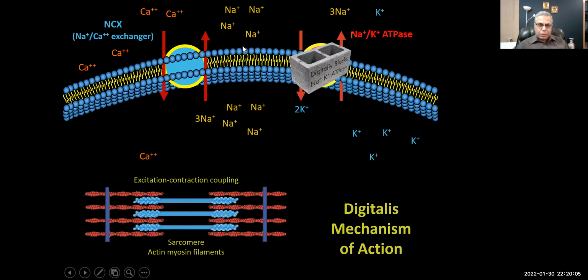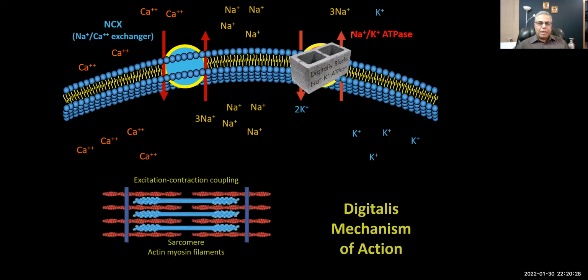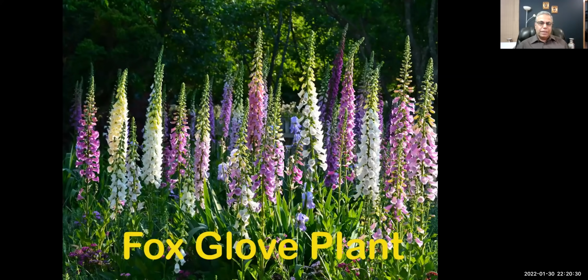There was a concentration gradient, sodium moved in, and with the help of that concentration gradient, calcium moved out. But when this pump is inactivated, sodium will stay inside and so will calcium. And you know, higher cytosolic calcium increases the contractility of the heart, right? So that is the mechanism of action of digitalis.